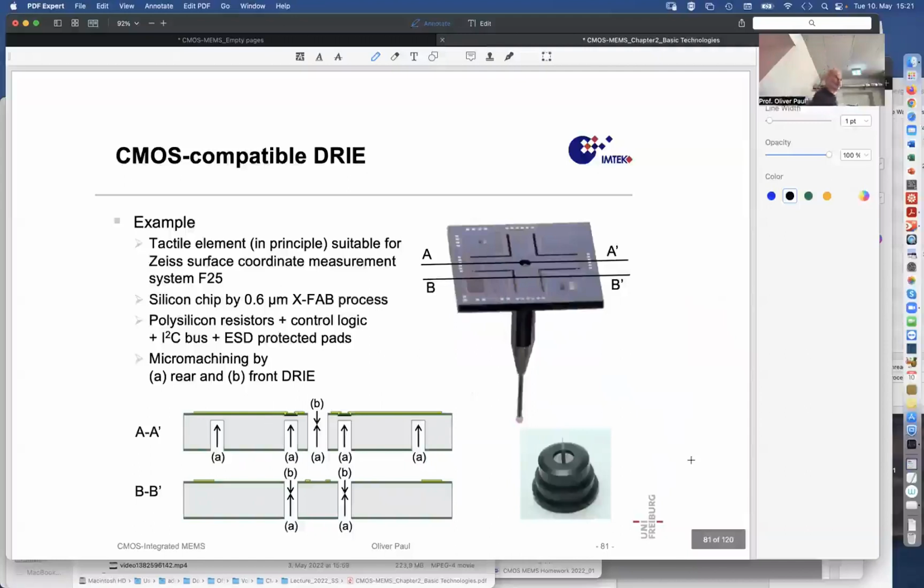So here's an example of a sensor that was made using deep reactive ion etching. It's a tactile instrument. By the way, a tactile instrument where obviously the silicon chip was etched in a geometry again of a crossed bridge. So you can imagine these lines here to be trenches that go right through the chip.